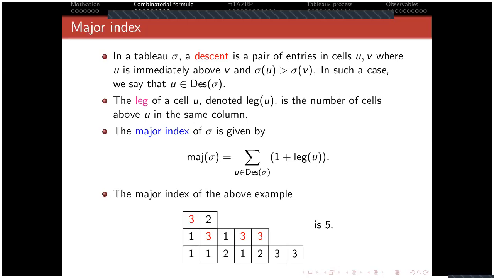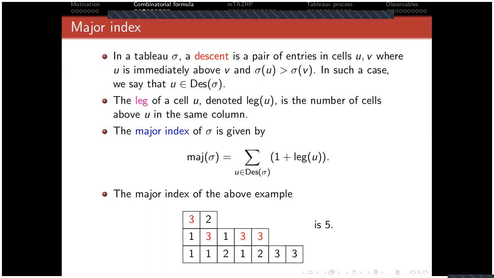For any cell, the leg of the cell is the number of cells above it in the same column. It's unfortunate notation. It sounds like your leg is all the way up, but that's again not my fault. Then the major index is the sum over all the descents of 1 plus the leg.